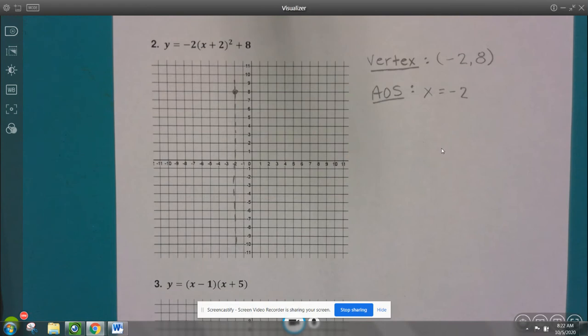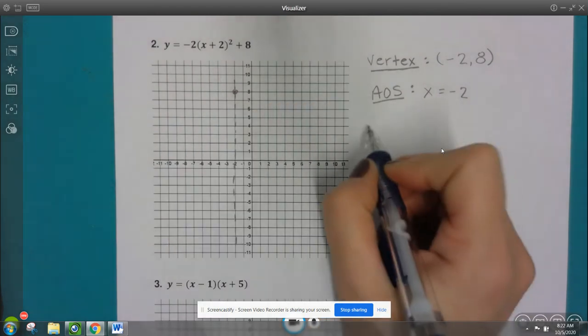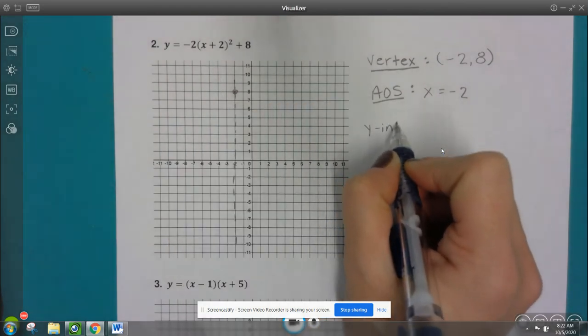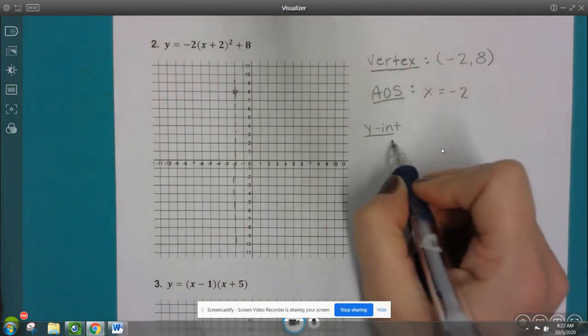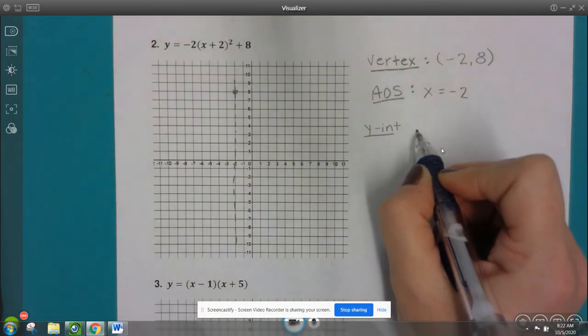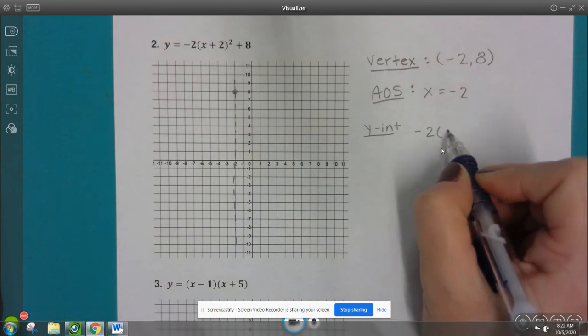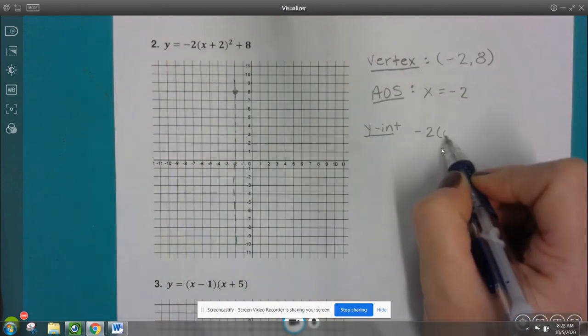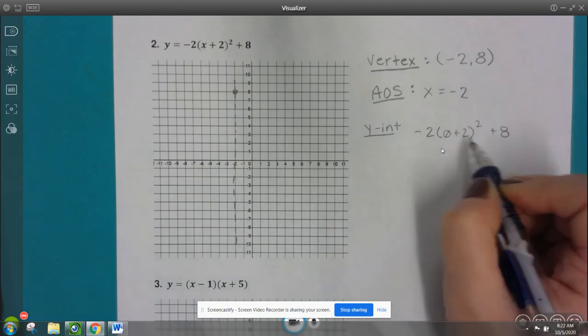I can also find my y-intercept. If I substitute in 0 here, so if I had x equals 0, I'm going to have -2 times 0 plus 2 squared plus 8.